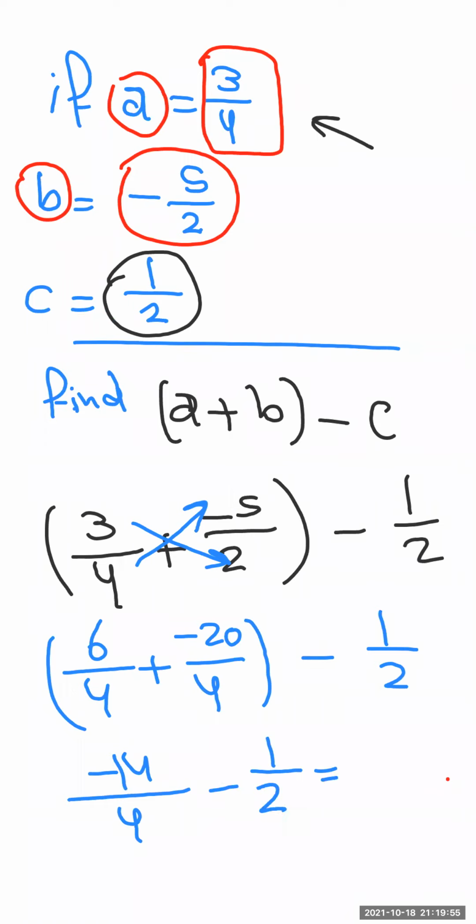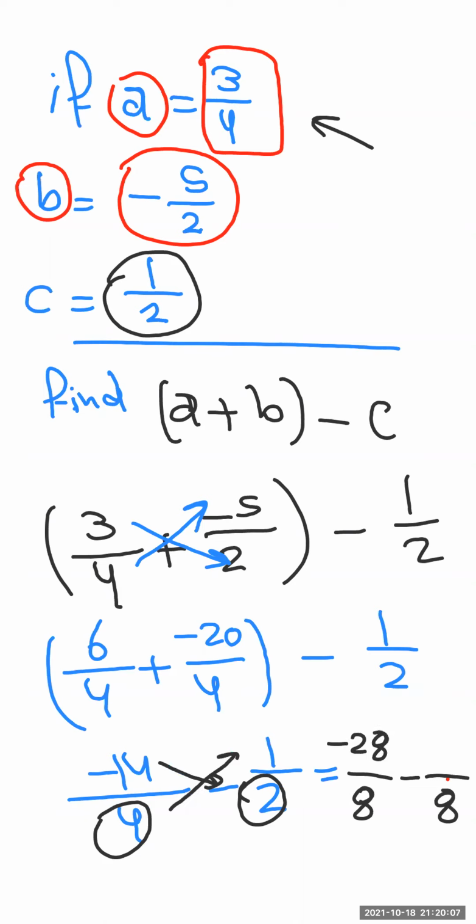Then again unify the two denominators, 4 and 2, it will be 8. Now 14 times 2, negative 28. 4 times 1, it will be 4. So negative 28 minus 4, negative 32 over 8.